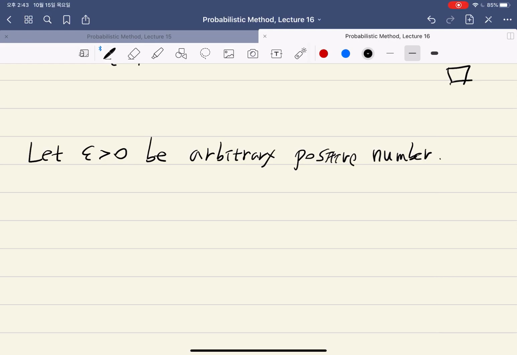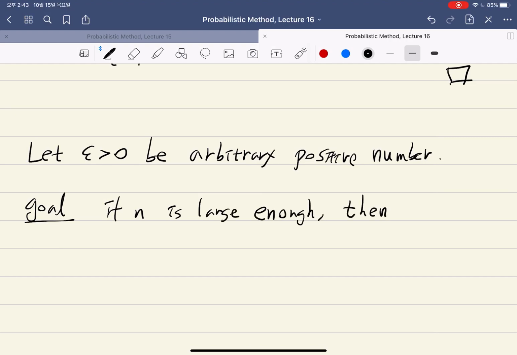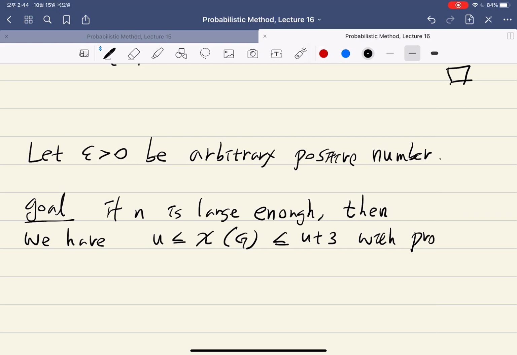Then what we want to show is that if n is large enough, then we have the chromatic number of G between u and u plus 3 with probability at least 1 minus, let's just say, 3 epsilon.